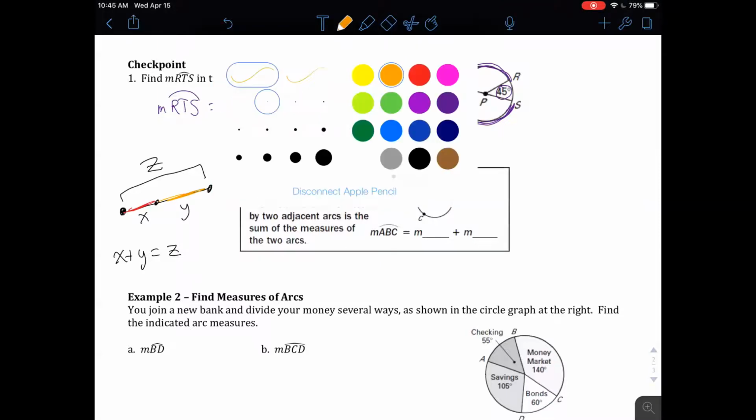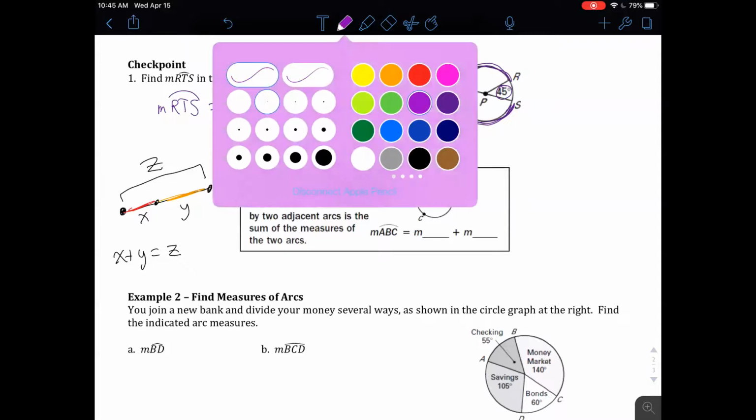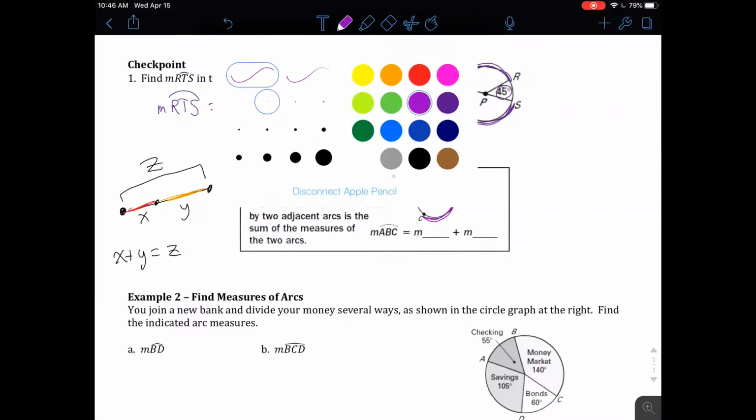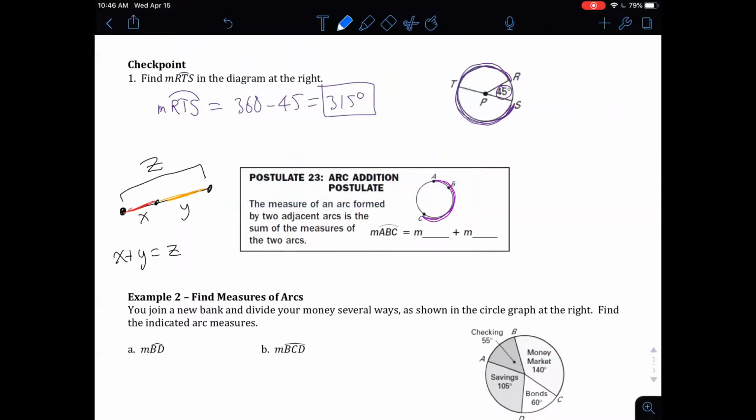Same kind of thing here. If we have measure of ABC, this entire arc right here, going around the outside, that entire arc has two arcs inside of it.